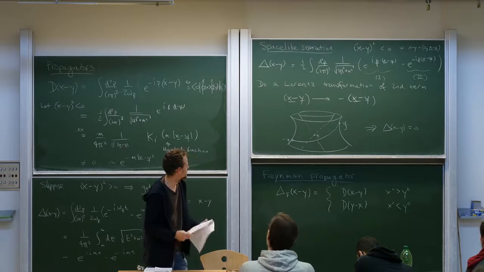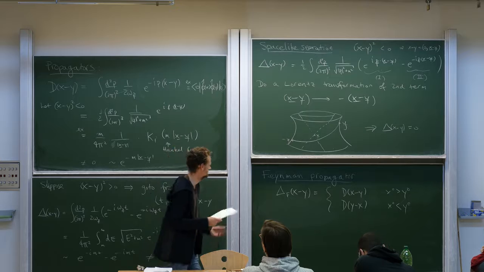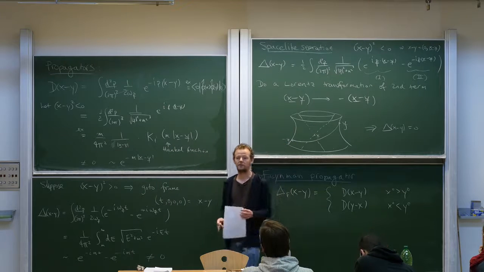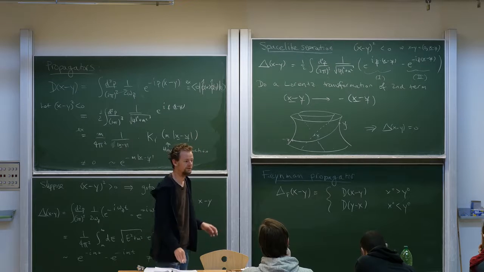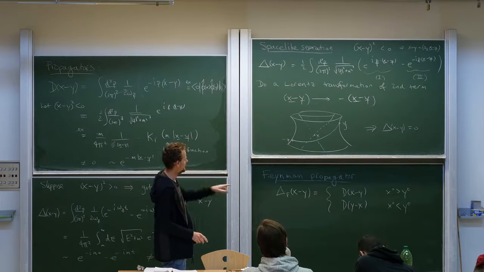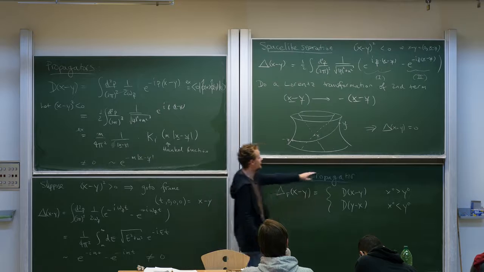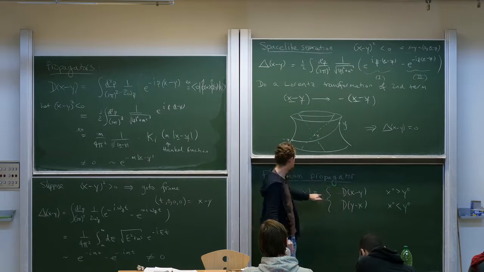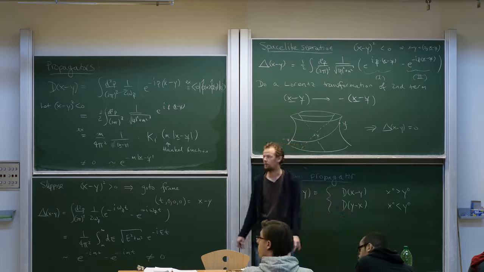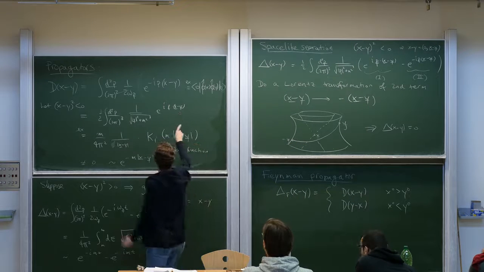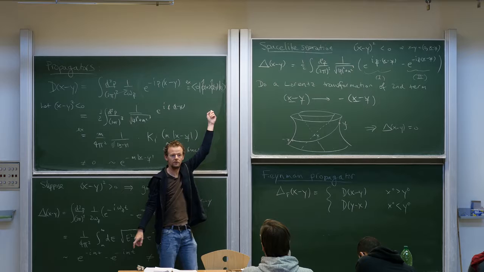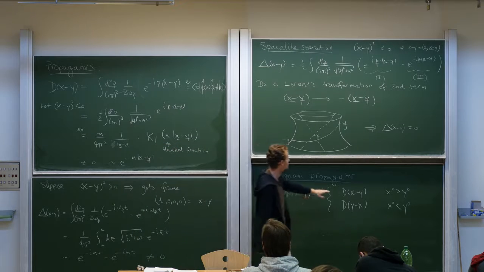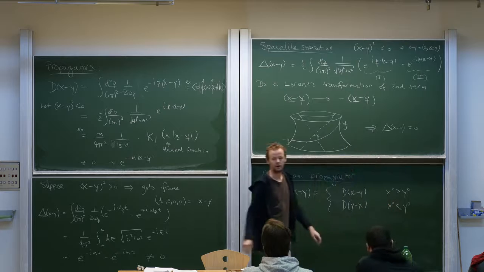So what can I say about it? Well, you could define it. Let's make a trivial deduction first. Let's suppose that x naught occurs after y naught. Then this thing here is just D(x minus y). So it's that thing up there, right? It's this two-point correlation function. What is it if x naught is happening before y naught?